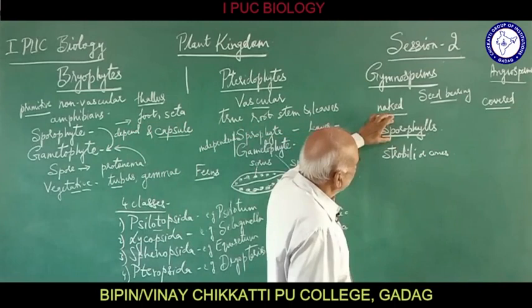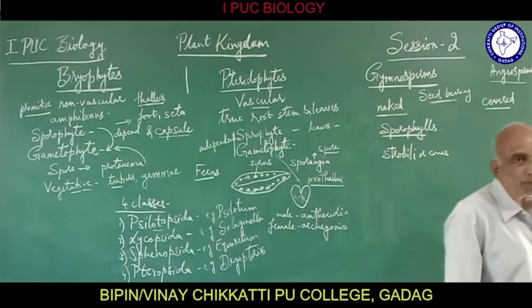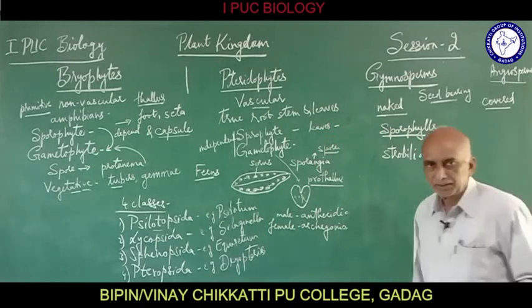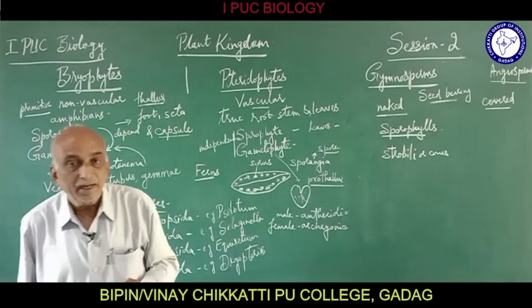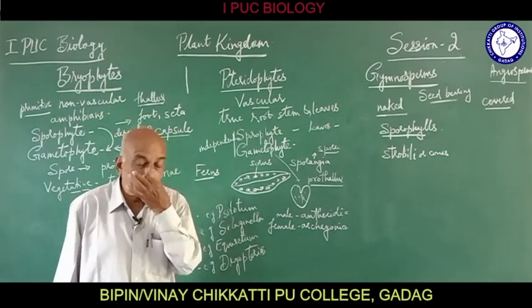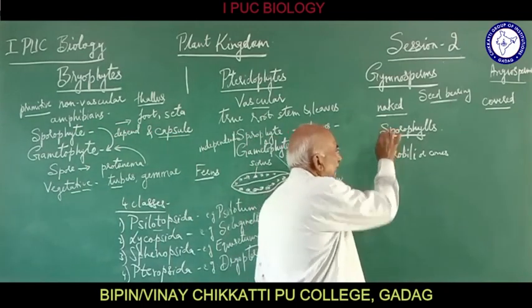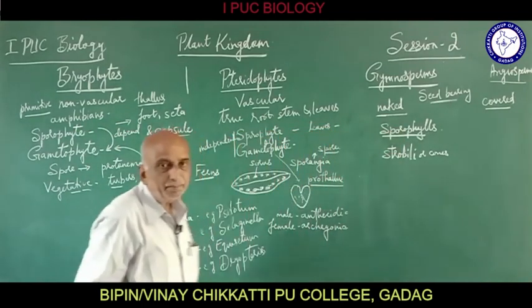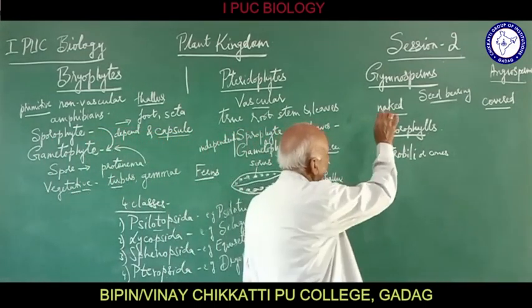So sporophylls are there, and here the sporophylls are of two types in gymnosperms: small and large, microsporophylls and macrosporophylls or megasporophylls. So there are two types of sporophylls in the case of gymnosperms.